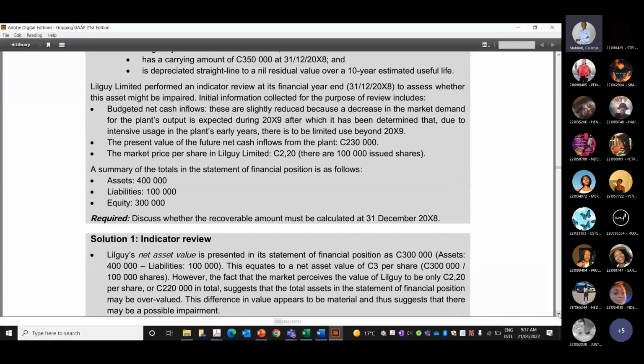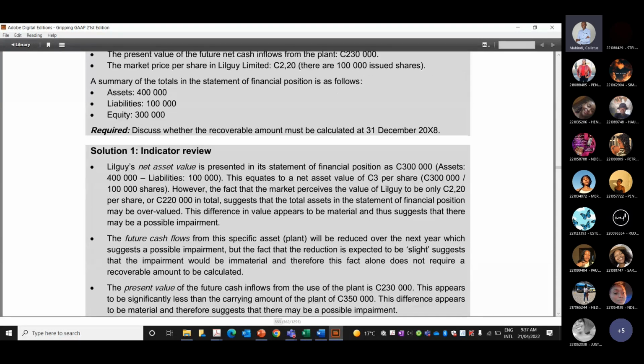The first thing that we looked at is the net asset value. By looking at the solution, the net asset value presented in the statement of financial position is 300,000, which was your assets of 400 minus your liabilities of 100,000.